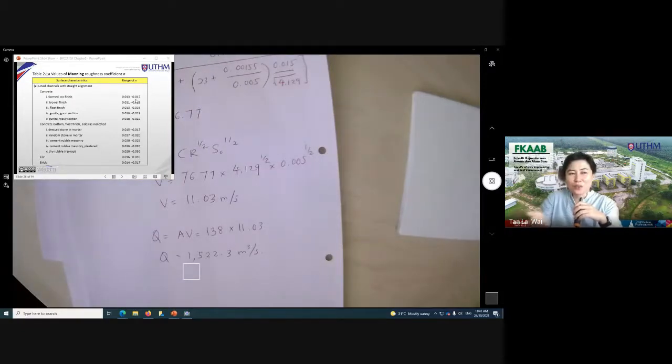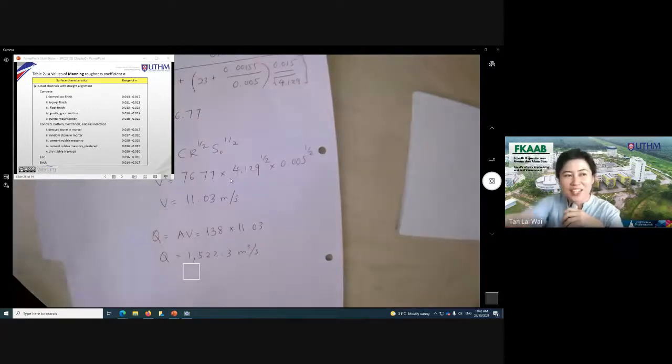If the channel is not there yet, based on your experience and the workmanship of your workers you have seen, you can assume a Manning value in the range, because it depends on the condition of the channel to be constructed.